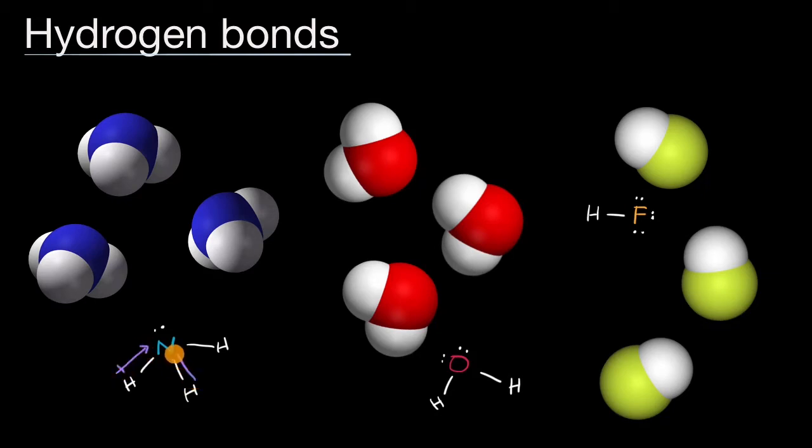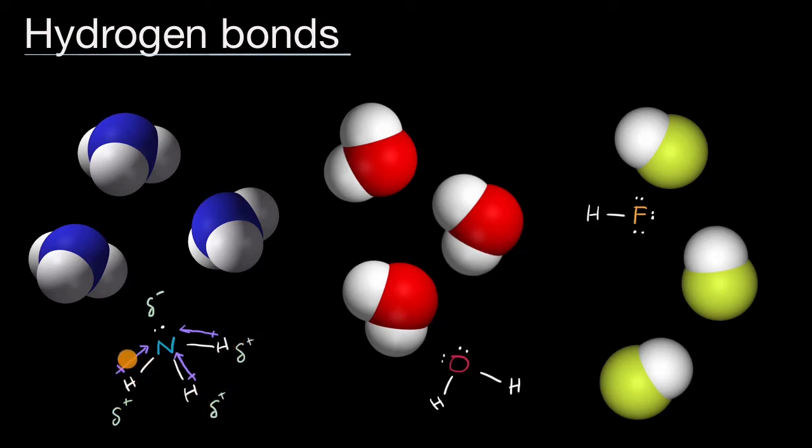The more electronegative atom is going to hog the electrons. The electrons are going to spend more time around that, so that end of the molecule is going to have a partial negative charge, and the ends with the hydrogen are going to have partial positive charges.